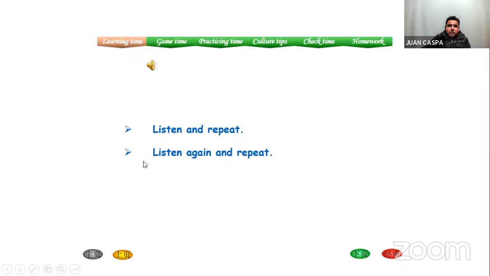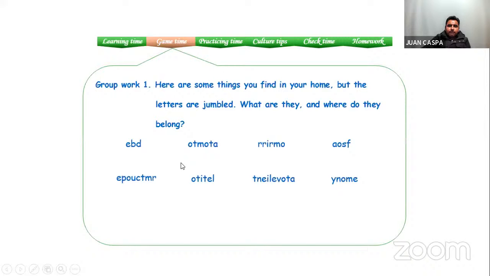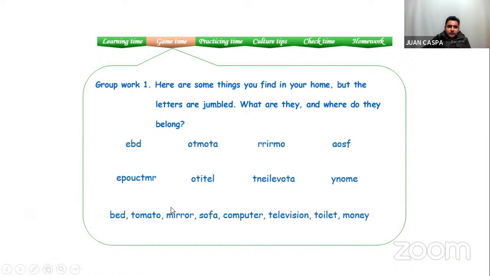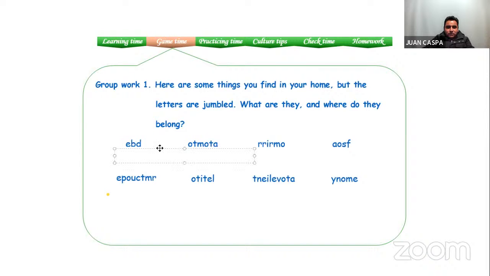Okay, it's not working. This is about a group, but what do you think is this one? Can you unscramble this? ¿Será que podemos descifrar? Oh, sorry. Okay. What about the first one, Enzo?